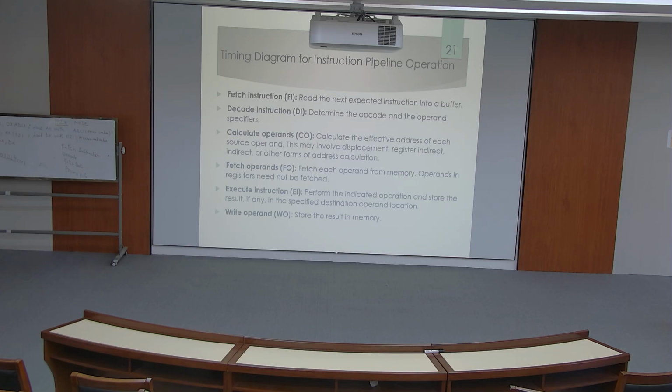Fetch operands, FO, fetches each operand from the memory, for example if we are using the indirect addressing mode. Then execute the instruction, EI, performing the indicated operation and storing the result, if any. Then write operand, WO, stores the result in the memory. So this is the timing for instruction pipeline.